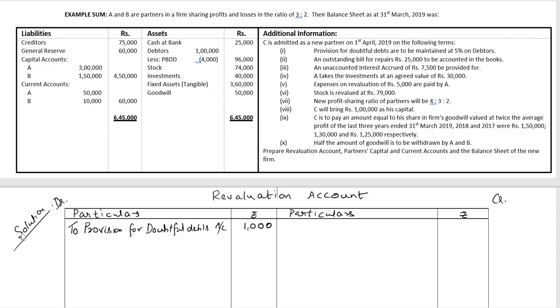The second point, an outstanding bill for repairs of rupees 25,000 to be accounted in the books. Unrecorded liability. To outstanding bill for repairs account, 25,000 rupees.